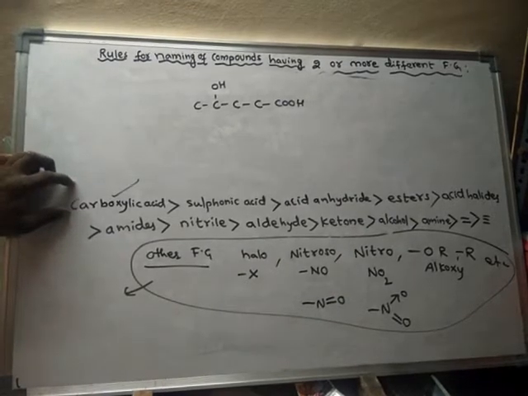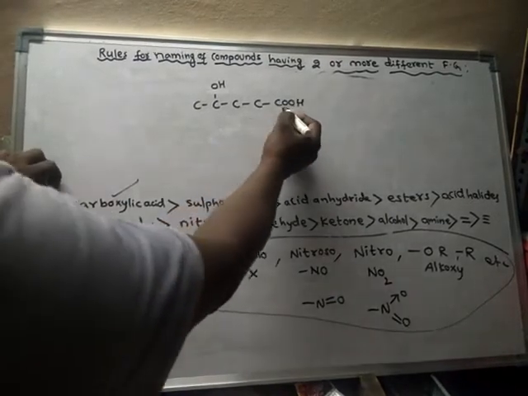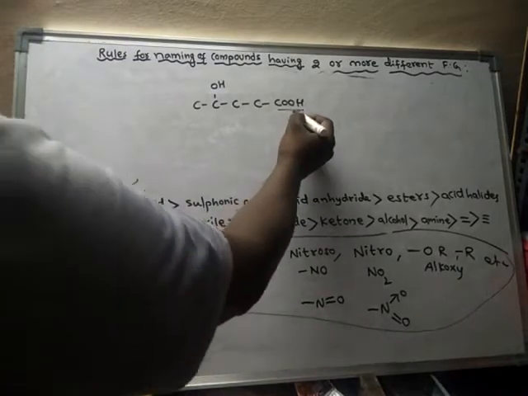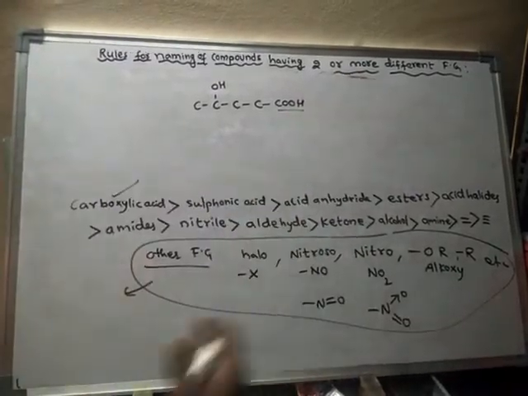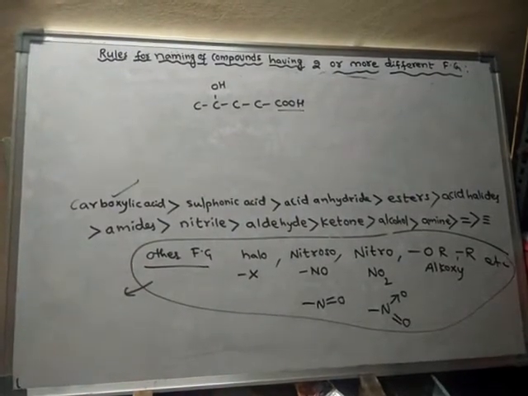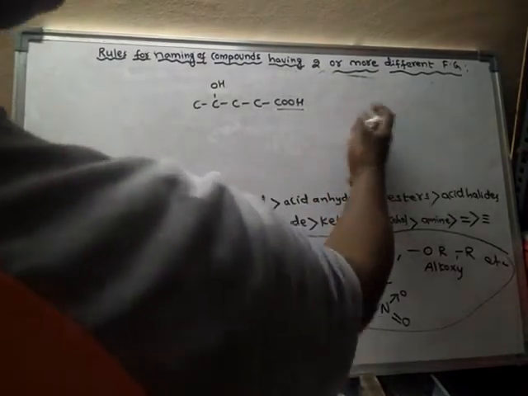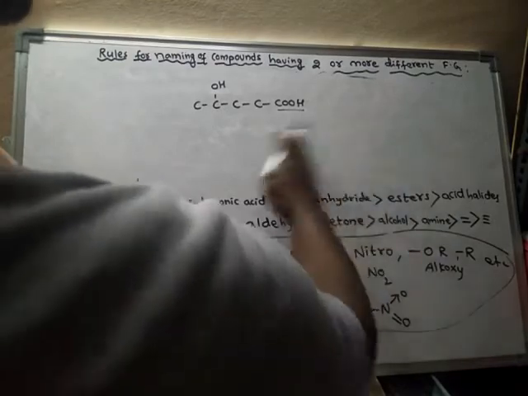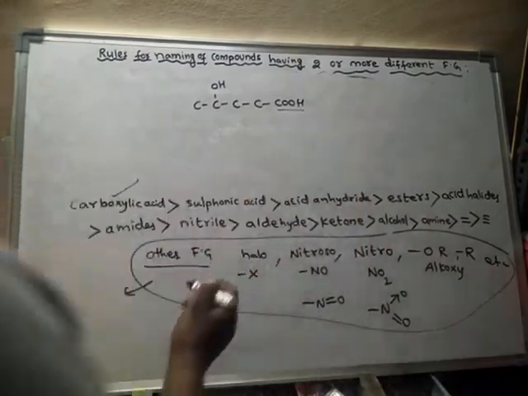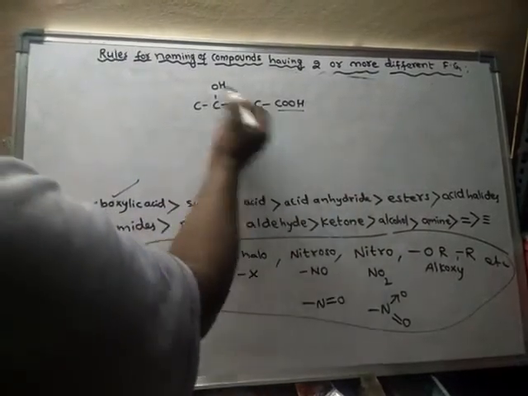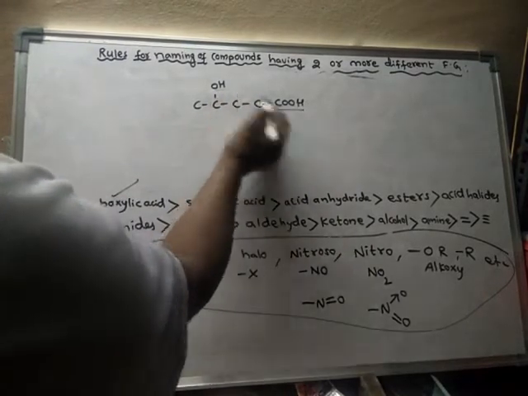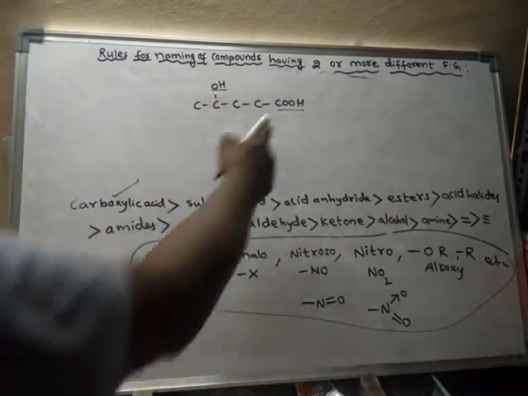Okay, so always remember that the higher priority functional group should be considered as the secondary suffix. Already I wrote it here somewhere, but I have erased it. So remember that always. Here there are two functional groups. Out of two functional groups, which is given more priority? This one.